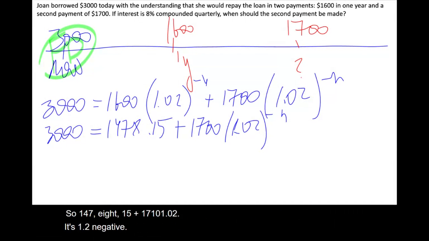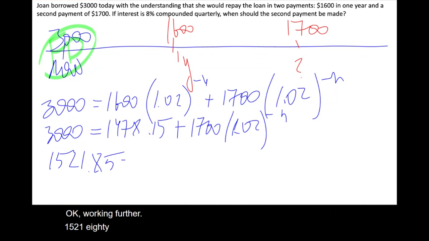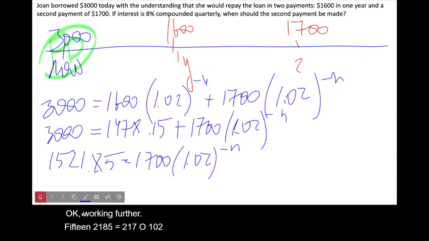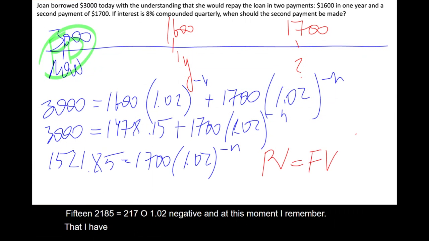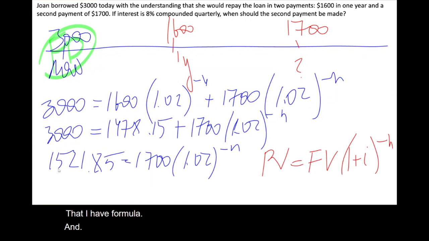Okay, working further. 1521.85 equals 1,700 times 1.02 to the negative n. And at this moment I remember that I have a formula, and this formula looks exactly like the present value formula.